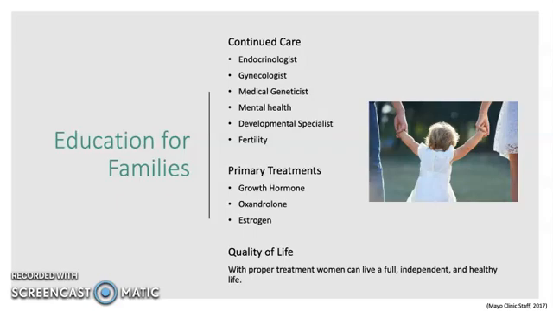Primary treatments that these women can undertake include growth hormone, which is very common. The growth hormone is normally a daily injection, and it is recommended to go through this therapy because it helps increase height and just helps that growing process that is delayed with Turner syndrome.